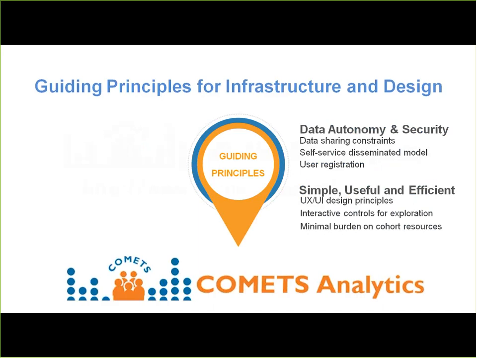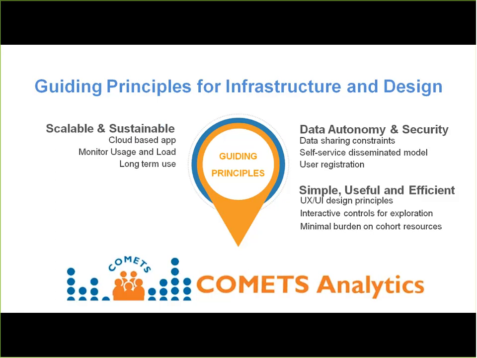We employed key user experience and user interface design principles to make COMETS Analytics simple and easy to understand. We used interactive control for useful exploration of analysis results, and efficient, obviously, because we want to have minimal burden on current cohort resources. Because in the way that it's set up, we can run through multiple analyses for multiple projects at the same time.